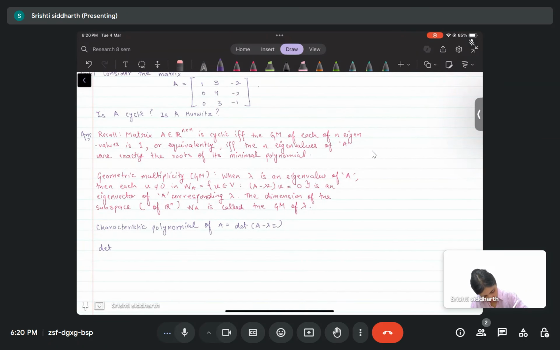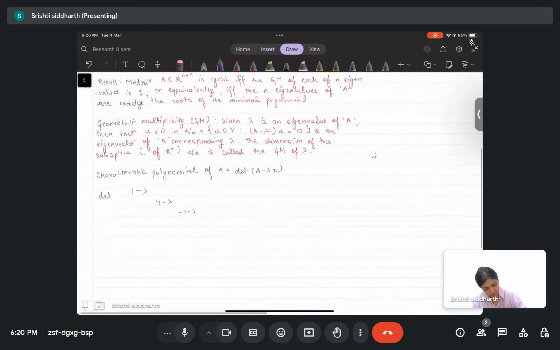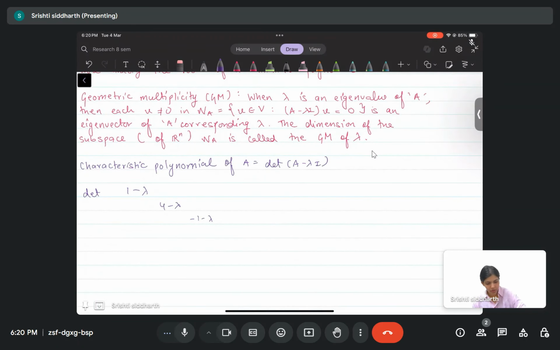We have 1 minus lambda, 4 minus lambda, minus 1 minus lambda. You can see that this is an upper triangular matrix, so the determinant is simple. It's (1 minus lambda) times ((4 minus lambda)(minus 1 minus lambda) plus 6).